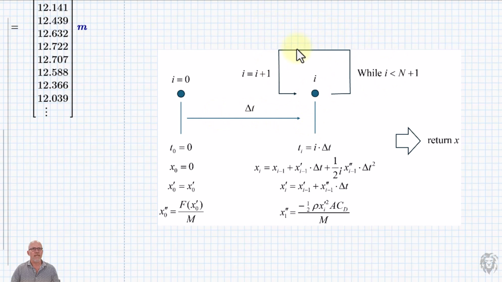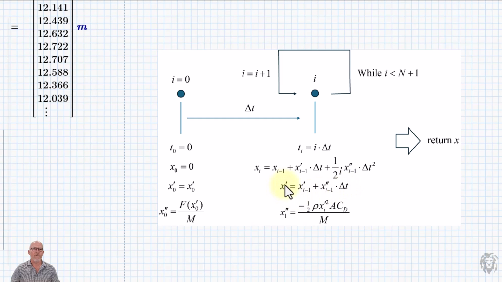Now for every step, we update so that the new t at i is i times delta t. Then we have our position, and we use the position calculation using the position, velocity, and acceleration from the previous time step. And then we update our velocity based on the velocity of the previous time step plus the acceleration of the previous time step times delta t.